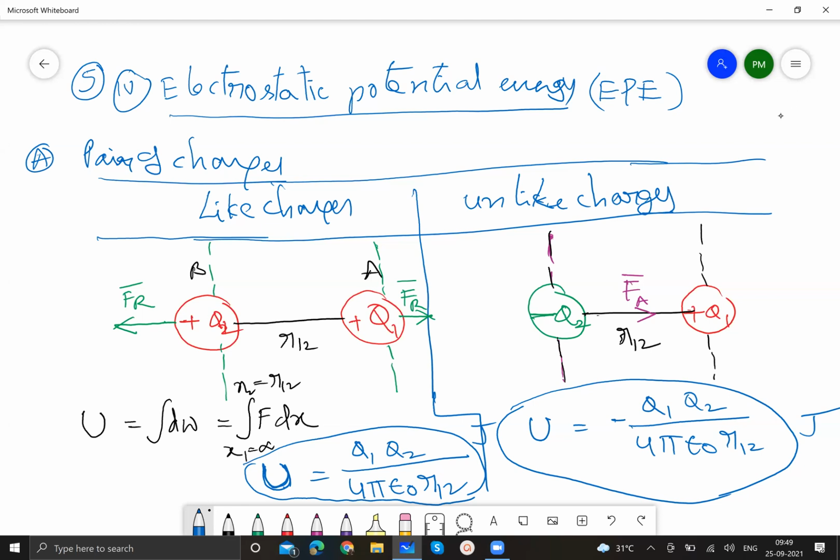Can you once repeat the definition of electrostatic potential energy?